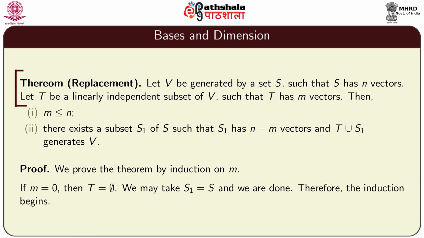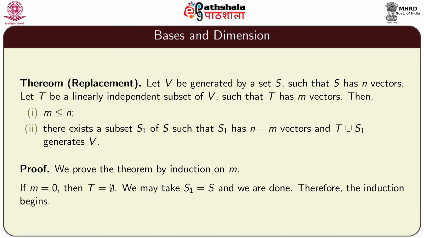Let T be a linearly independent subset of V such that T has m vectors, then m is less than or equal to n, and there exists a subset S1 of S such that S1 has n minus m vectors and T union S1 generates the vector space V.